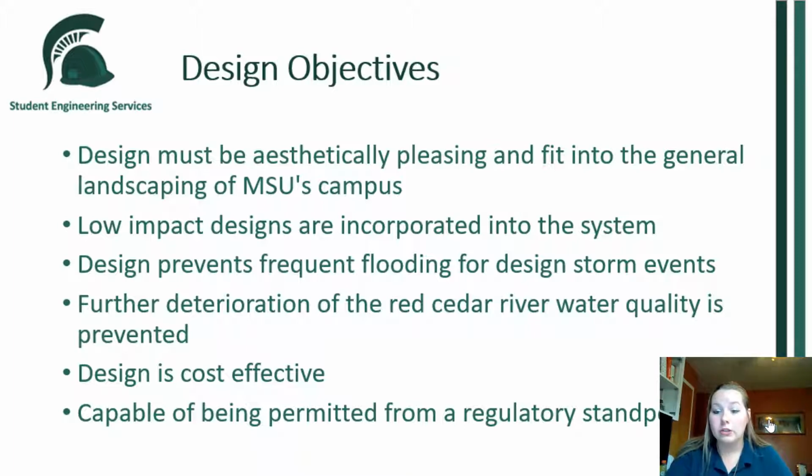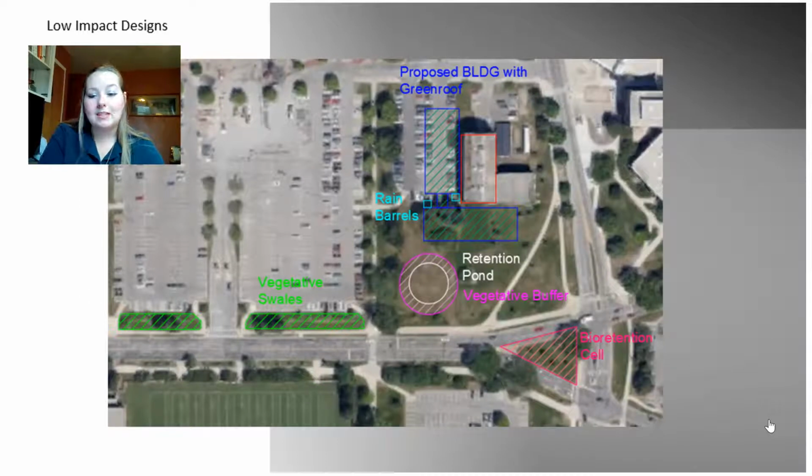And the proposed retention pond is to prevent frequent flooding for these design storm events as well, and further prevents deterioration of the Red Cedar River water quality because there is no outlet to this retention pond. And this design is also cost-effective and capable of being permitted from a regulatory standpoint by the Ingham County Drain Commission. The placement of each low-impact design was methodically thought out based on aesthetics as well as efficiency of the low-impact design in each proposed location.